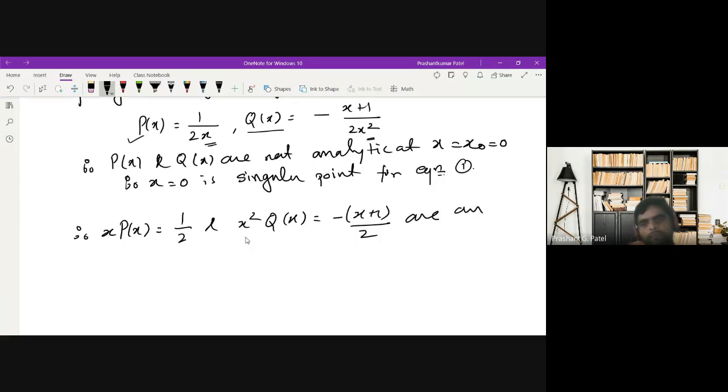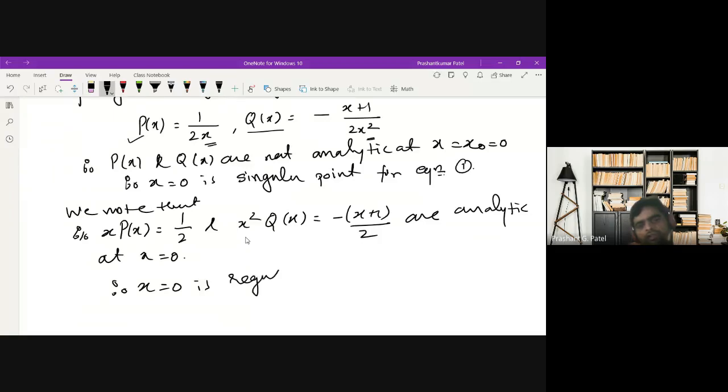Therefore, we note that x into p of x and x square into q of x are analytic at x equal to 0. So therefore, x equal to 0 is the regular singular point for equation 1.